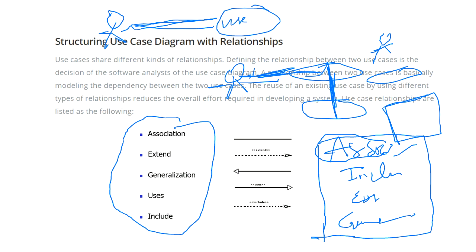So if you draw a single line between this actor and this login, it means this actor is associated with this login, meaning he is doing the login process. This is what is meant by association. Nothing but just this actor is interacting with this login page. Got it?